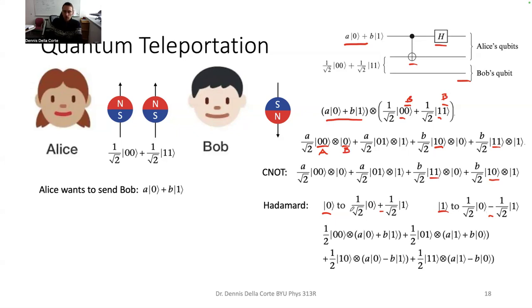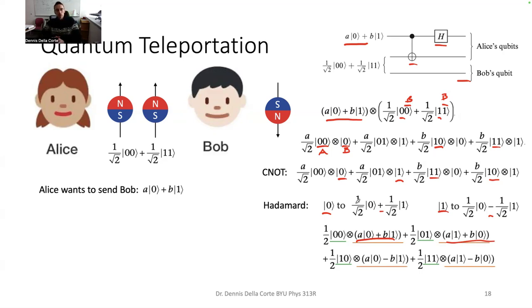Okay, so if we apply this Hadamard gate as well, then we see here this 0 state going into this superposition, and the 1 state here going into this superposition, and so on. So these green highlighted states belong to Alice's qubits, and the orange ones are Bob's qubits.